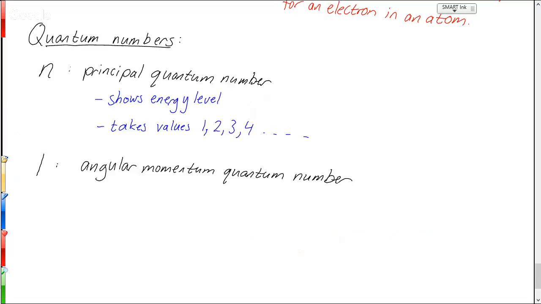And this tells us something about the shape of those areas. It's called angular momentum because it has to do with motion in this kind of a direction, right? Motion in a spherical sort of direction or a curved direction. So that changes the way that the electron can be inside the orbital.